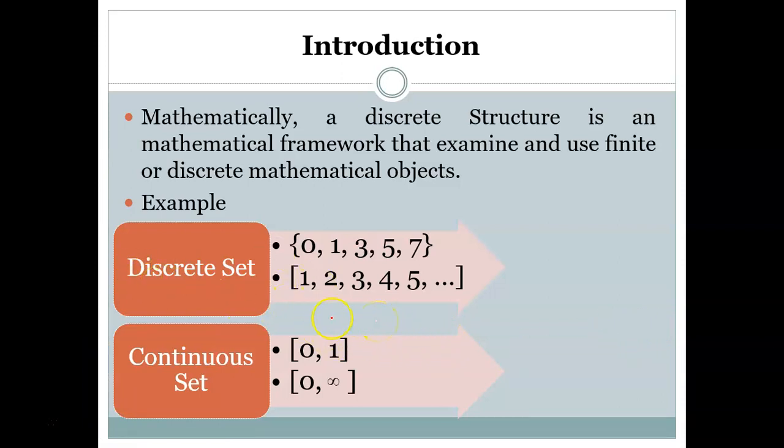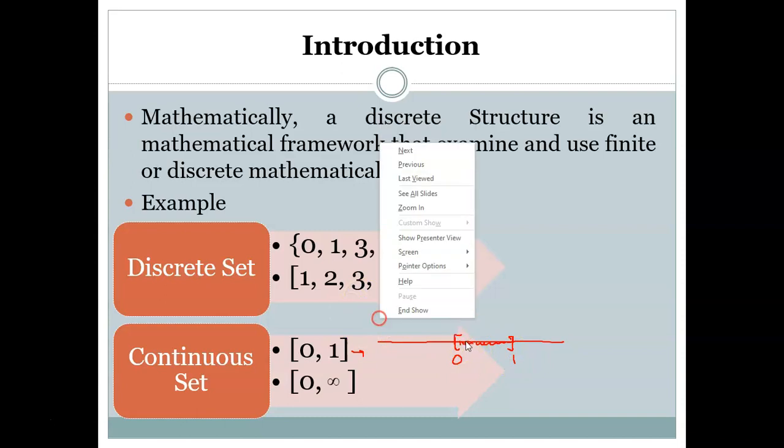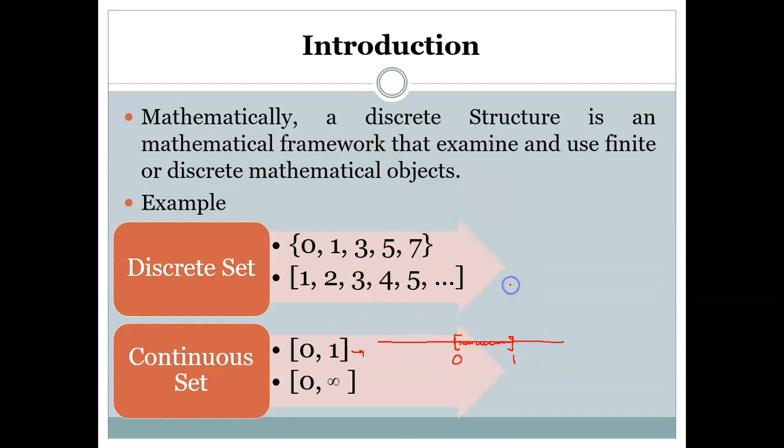For example, suppose this is the real line, and somewhere this is 0 and 1 is here. Then this set means it consists of all the numbers in between these two points 0 and 1, including 0 and 1. So it has an infinite number of elements.